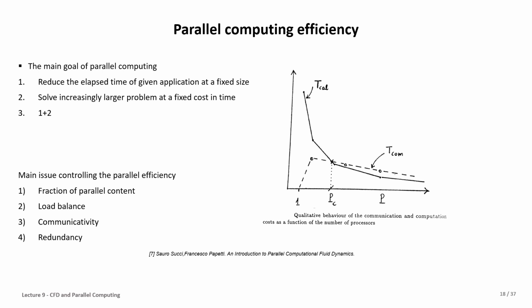The main issues controlling the parallel efficiency are the fraction of parallel content, load balance, communication, and redundancy, each of which has much detail that we talked about in the previous lecture on the efficiency of high performance computing.